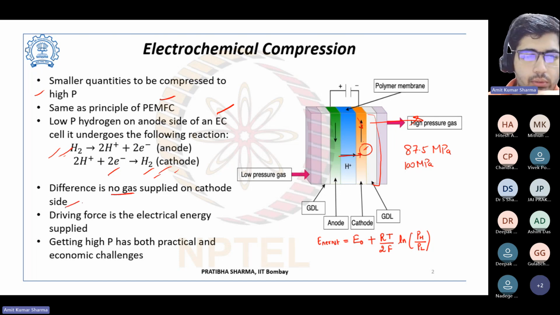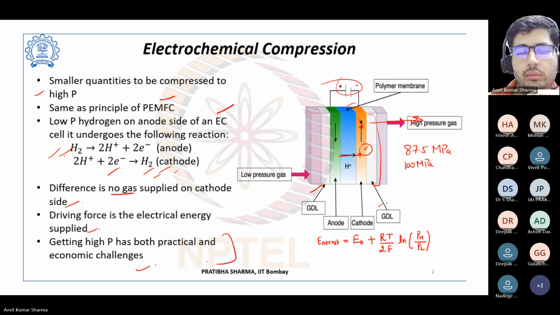The driving force is electrical energy supplied, and getting high pressure has both practical and economic challenges. So you have anode, cathode, then the gas diffusion layer, GDL, then membrane, electrical supply.